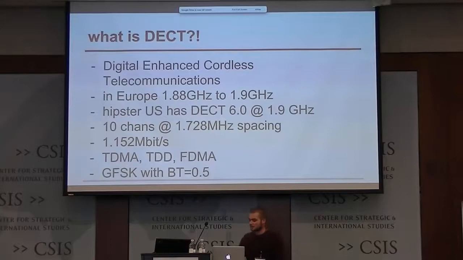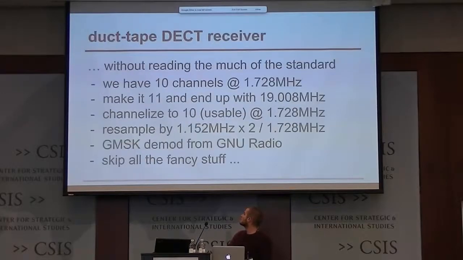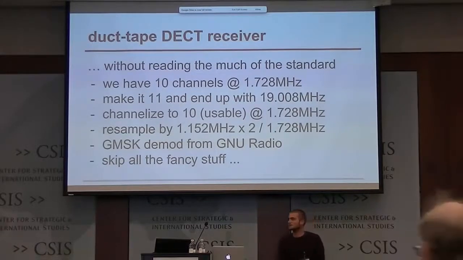Nothing fancy, most of it actually is that. And Martin and I decided, let's build a duct tape receiver. Let's just try to build the simplest thing that could possibly work. It turns out we need to channelize, as we have 10 channels, so that's what we did with the polyphase channelizer.